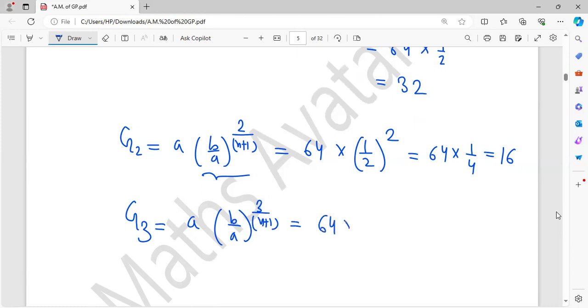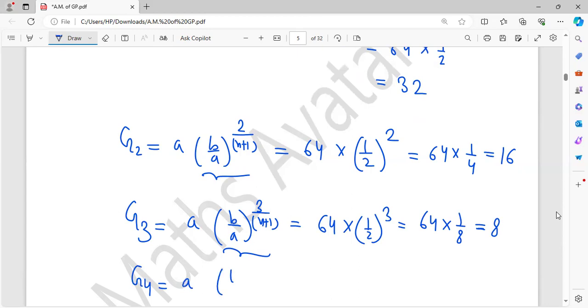So 64, after solving, you will get 1 by 2 to the power 3. So 64 into 1 upon 8 is equal to 8. G4 is equal to A times (B upon A) to the power 4 upon N plus 1. So 64 into 1 by 2 to the power 4, so 64 upon 16, that is 4.